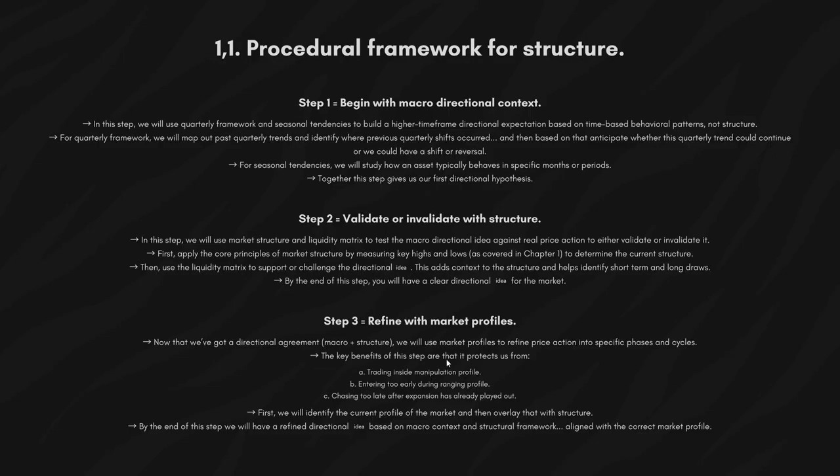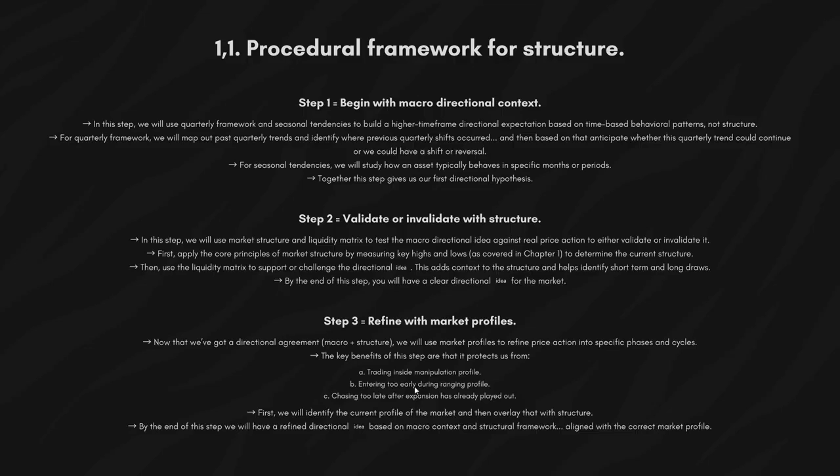The key benefits of this step are that it protects us from trading inside the manipulation profile before the expansion profile has begun, it helps us from entering too early during ranging profiles when price is still consolidating, and it helps us avoid chasing price action too late after the expansion profile has already played out and liquidity has been swept. All of this tells us if the directional idea is actually tradable or if it's better to wait.